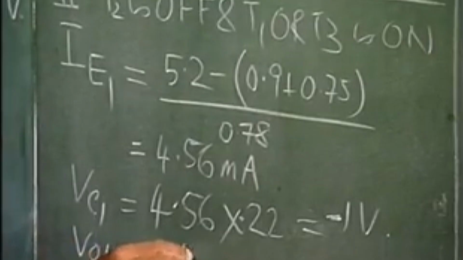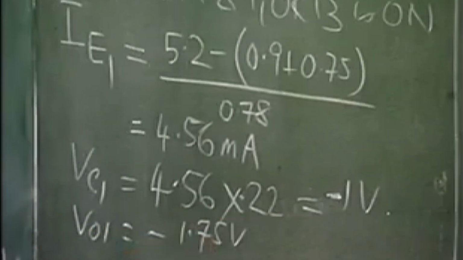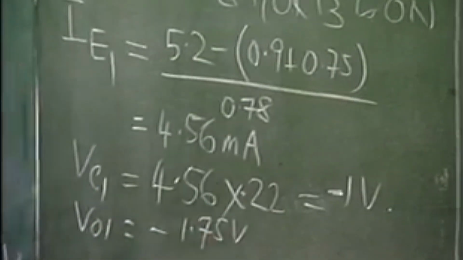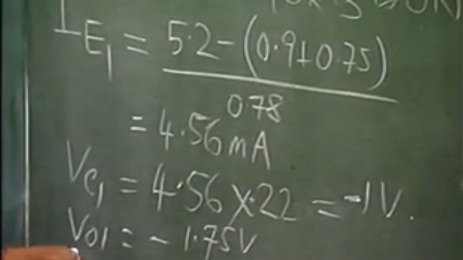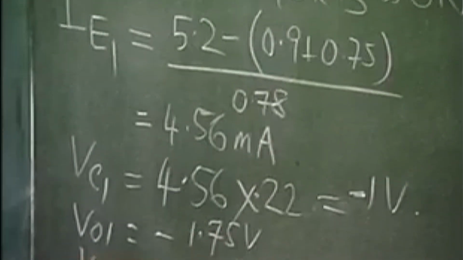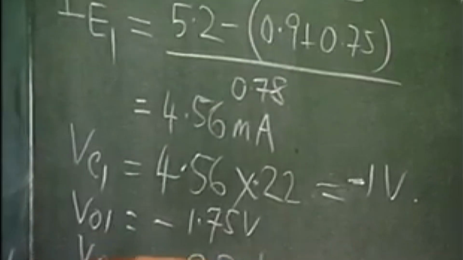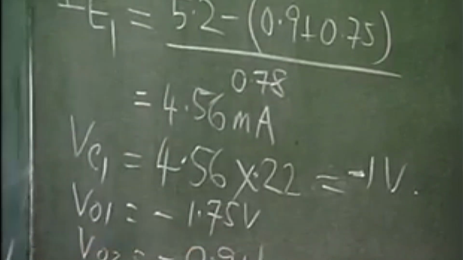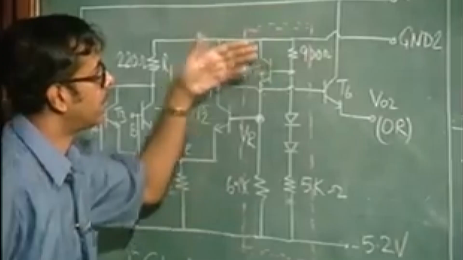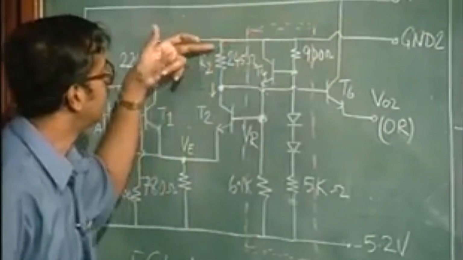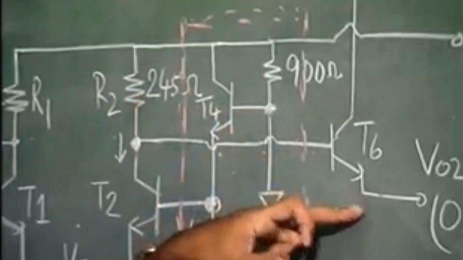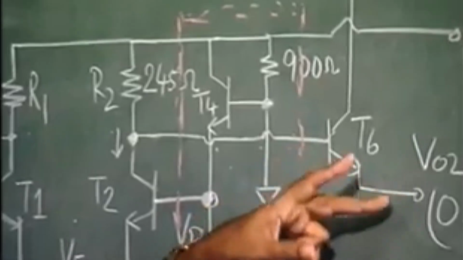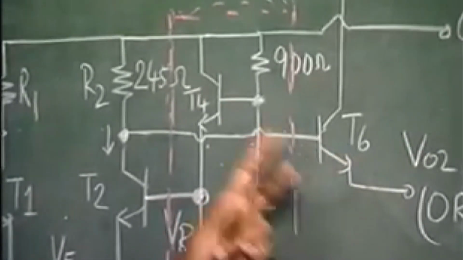is minus 1.75. It's almost the same as the previous case, and VO2 similarly is going to be minus 0.9 volts, because in this case again there is no current flowing in the other branch here. So, this drop is 0, again the output is going to be this drop, and again depending on the load current, you get the output.